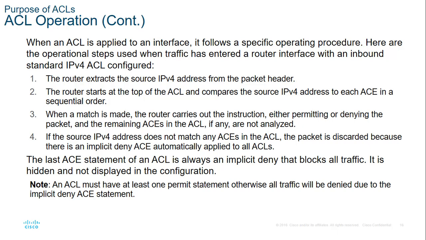Then the router starts at the top of the ACL and compares the source address to each access control entry in sequential order, basically top to bottom. When a match is made, the router then carries out the instruction, either permitting or denying the packet, and the remaining ACEs in the ACL, if any, are not analyzed.